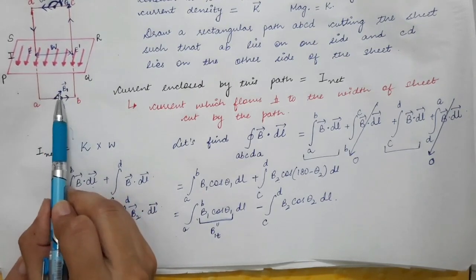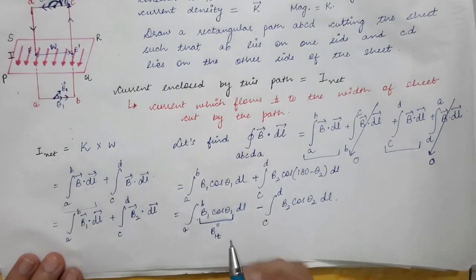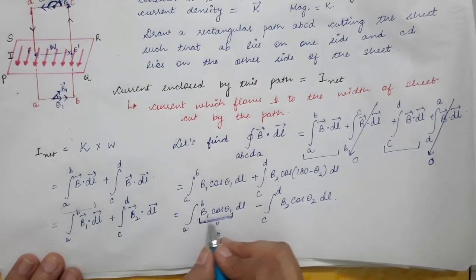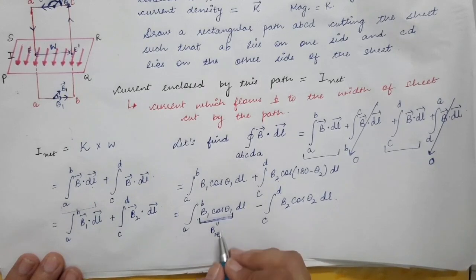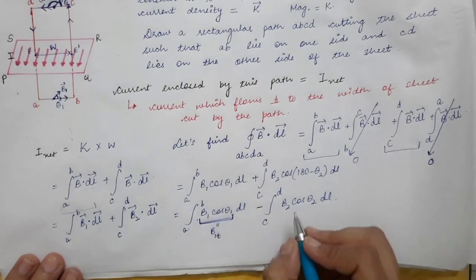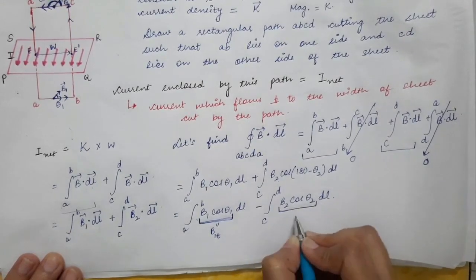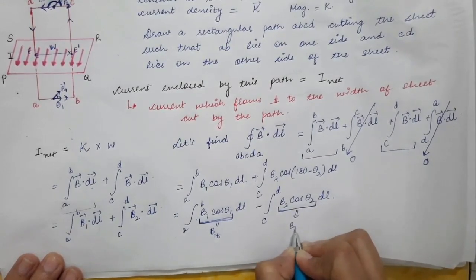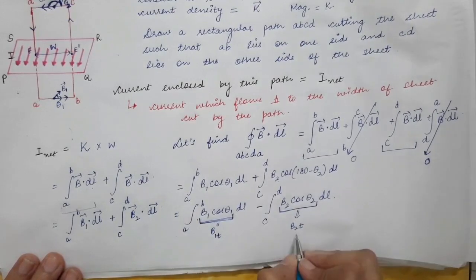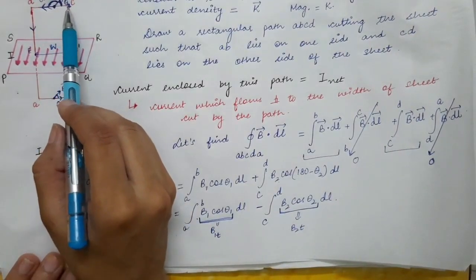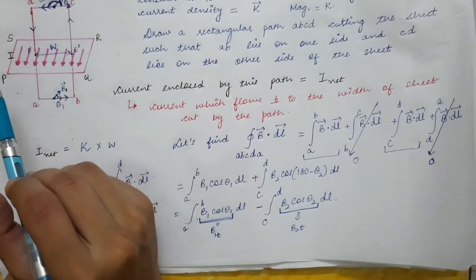That will be equal to b1 cos theta 1. So I'm putting b1 cos theta 1 equal to b1t, and I will put b2 cos theta 2 as b2t. So b2t is the tangential component of the magnetic field on this segment CD.